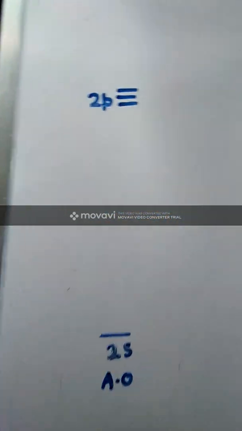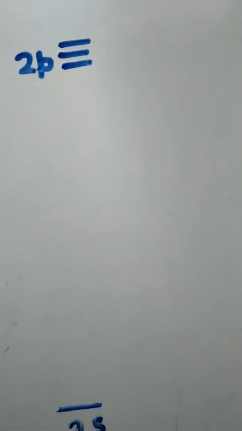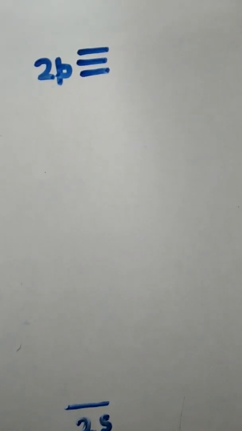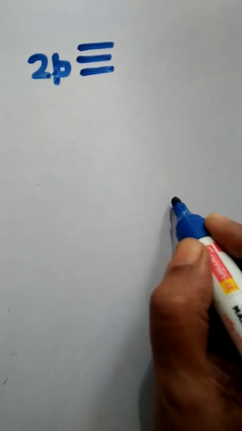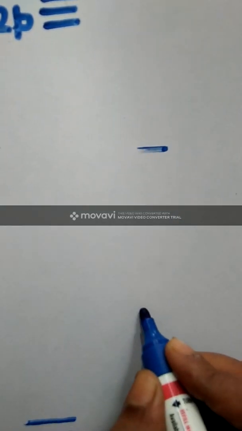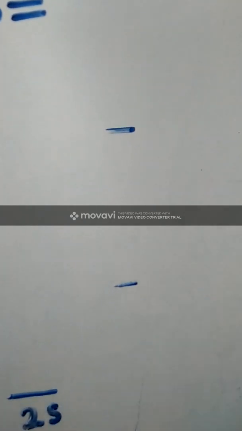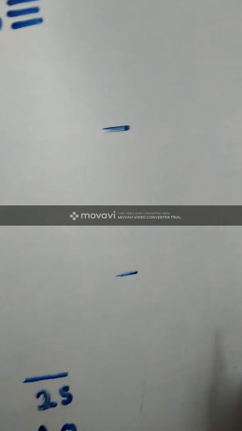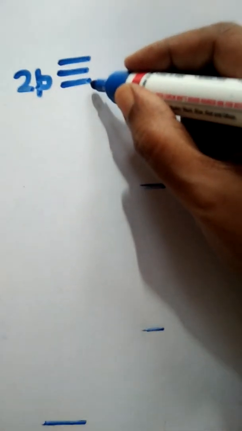Now what will happen? The sp interaction, and this will give rise to 2 sp orbitals. So let us first write these 2 sp orbitals. 1s and 1p will interact to give rise to 2 sp orbitals.